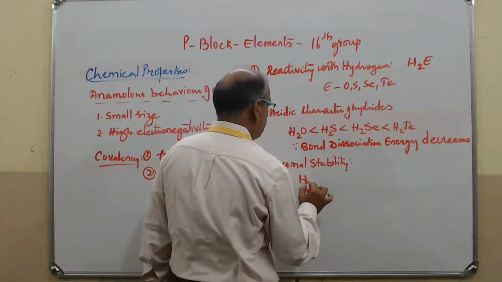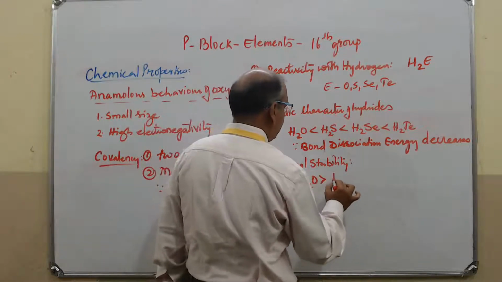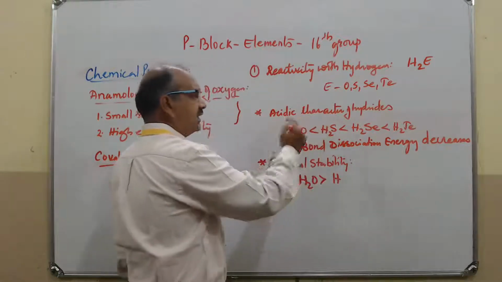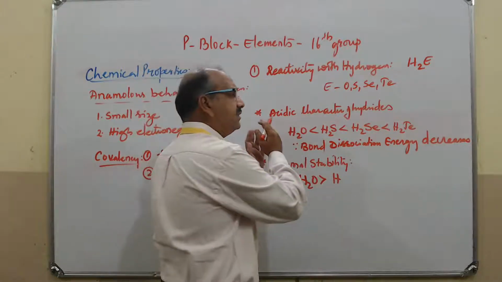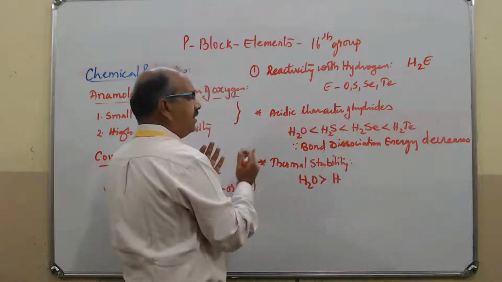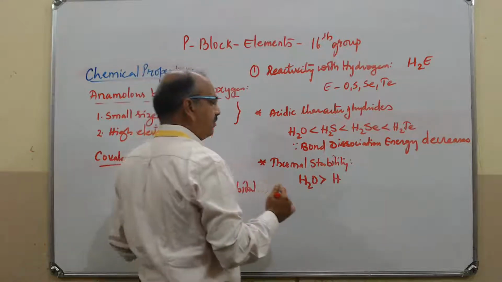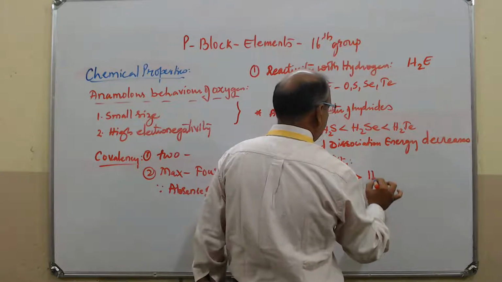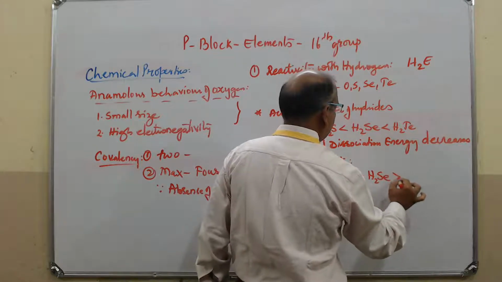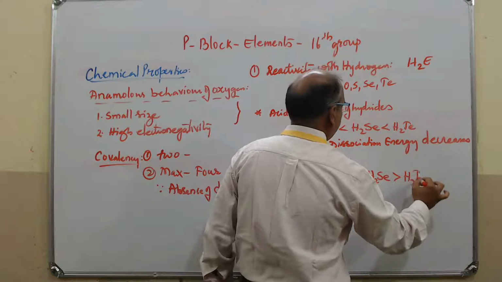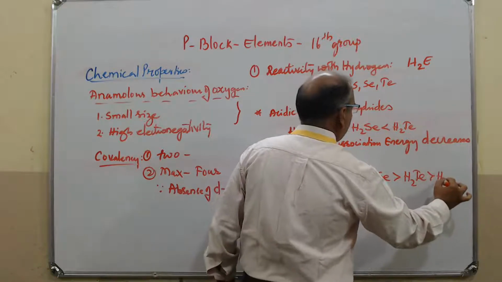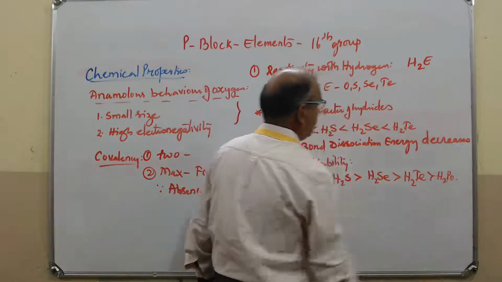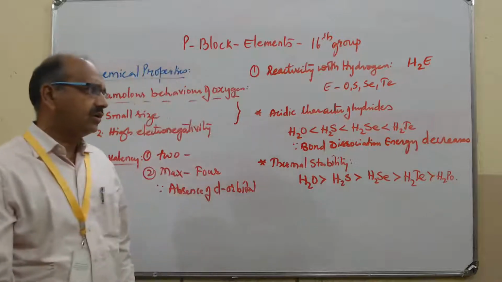H2O is more stable, since the bond is difficult to break. Definitely, the water molecule is more stable than hydrogen sulfide, then hydrogen selenide, then hydrogen telluride, and also hydrogen polonide.